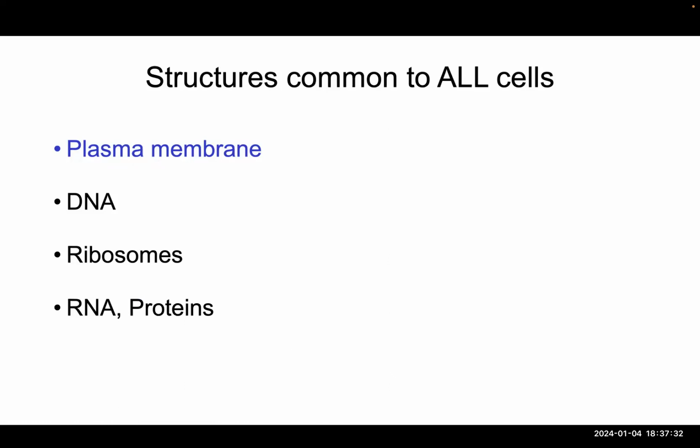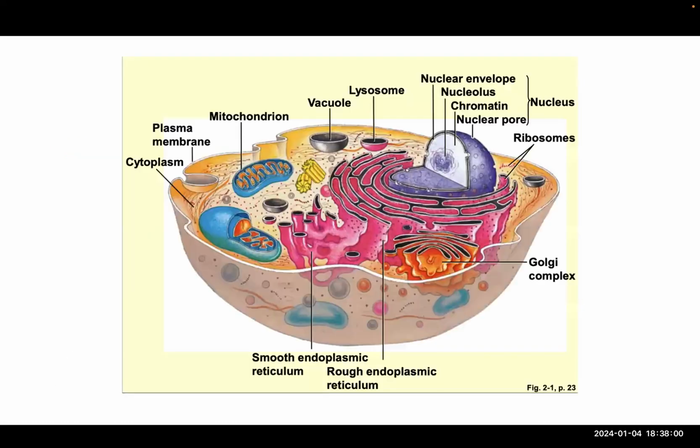All cells that have ever been discovered have RNA, and they also have proteins. You're going to see that that's a very important part of the cell. All cells also have something called cytoplasm. That's the liquid fluid part on the inside of the cell. It's not really a specific structure, but it's found on the inside.